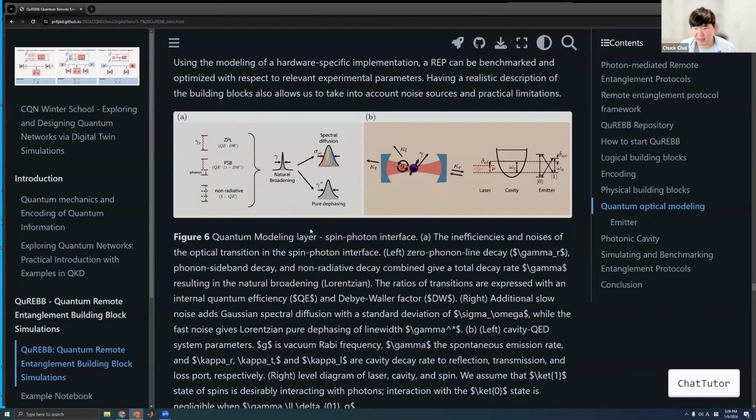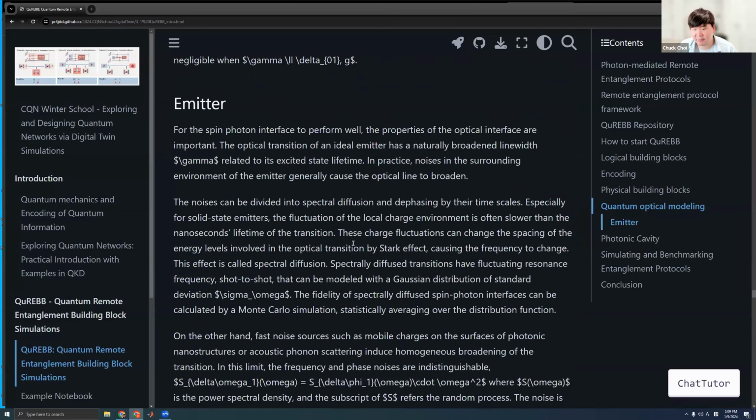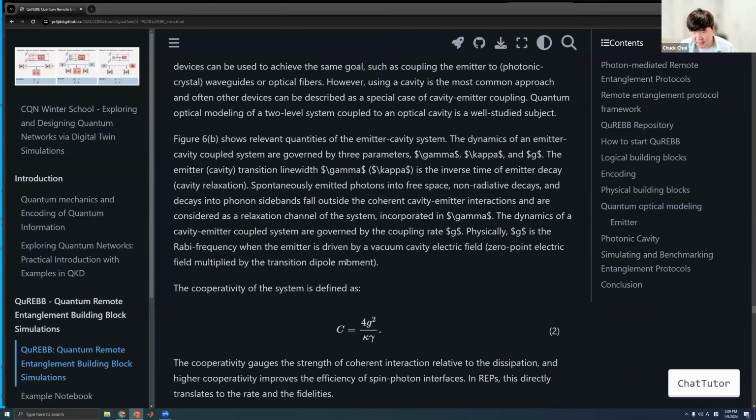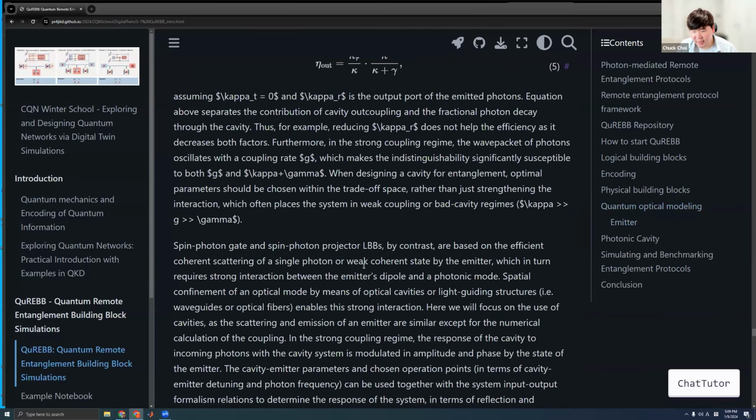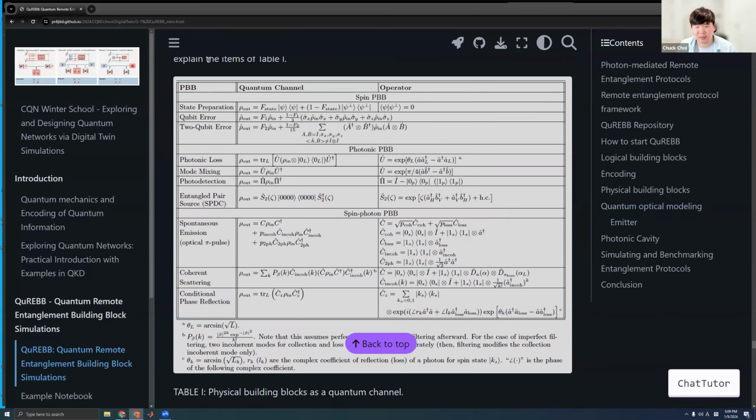Here we consider all the possible noises and the coupling parameters of the spins with the cavities. We also made all the modeling for different parts of the physics.